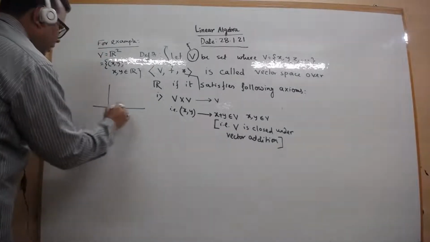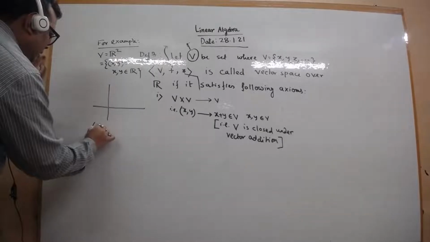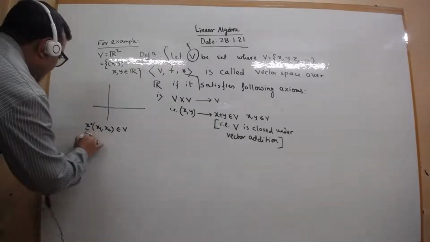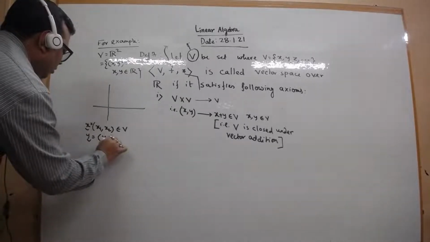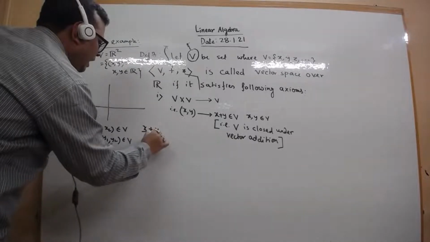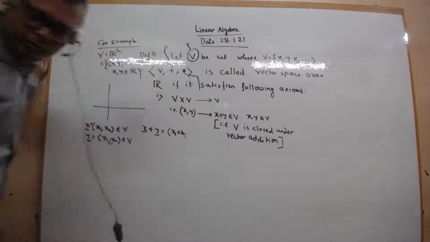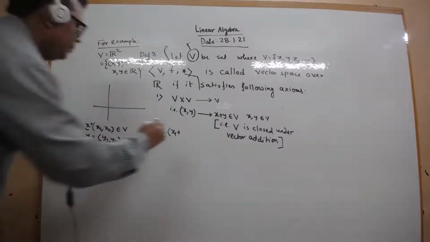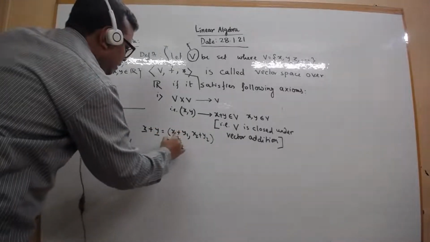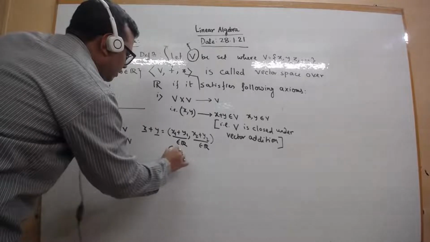So now I define this addition, this is a function, as follows. Take x curve belonging to V and y curve belonging to V. Then if I define addition as follows, you see that this element also belongs to R and this is also belongs to R. So again a new element, this also belongs to R square.